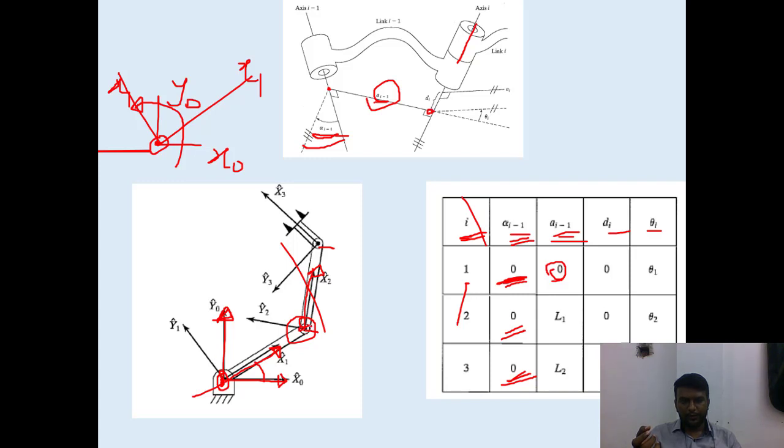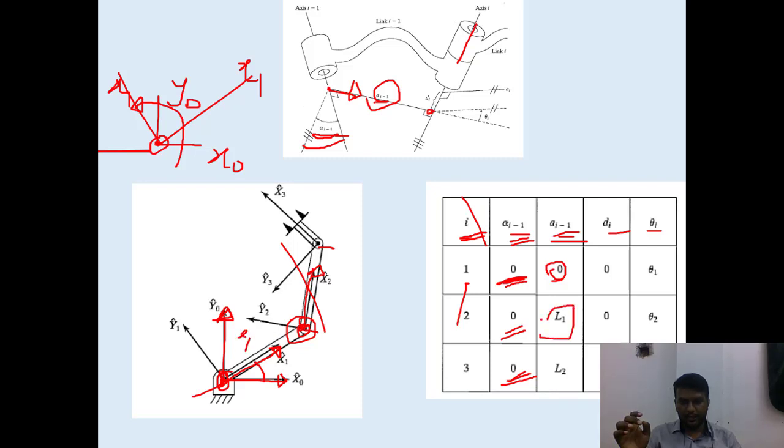So what is a i minus 1? It is nothing but the distance between two z axes. There is one z axis here and one z axis here. You measure the distance between the two z axes, and that is nothing but the link length.